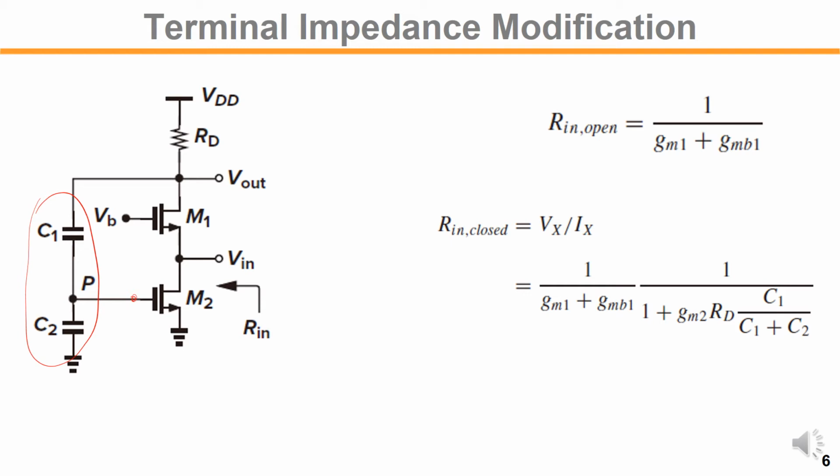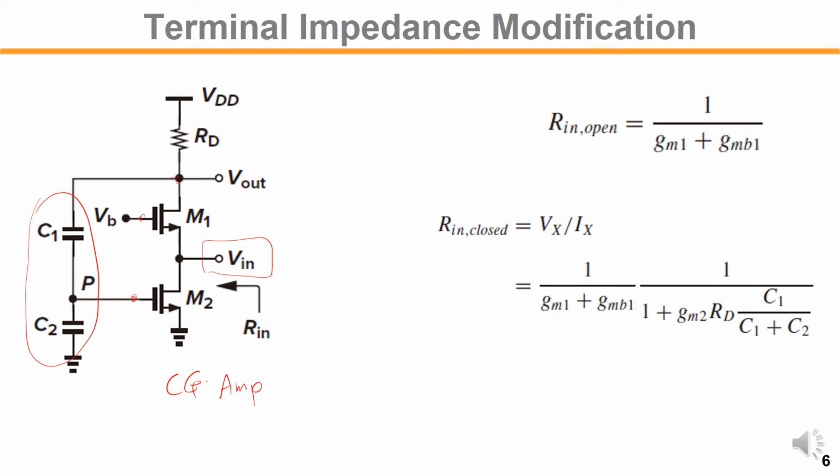But if you take the input from the V in, then it becomes a common gate amplifier, right? This signal goes into the source, and the gate is at the DC VB. So this is a common source, common gate amplifier, CG amp.